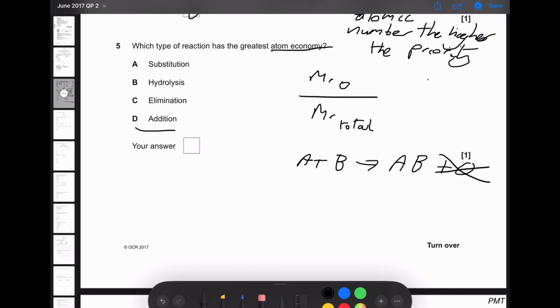So what's this atom economy going to be? Well, it's going to be 100% because the Mr of our desired product is equal to the Mr of our total products. So it's D. There you go.